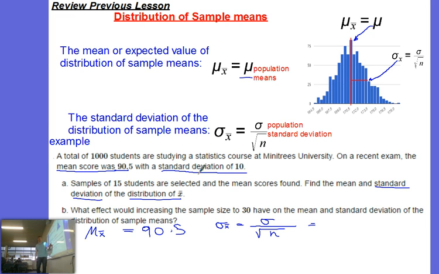So that's a 10 divided by, now the n is the sample size. So what sample size are we referring to? Yes, we've got to refer to the size of the sample taken. That's the sample size. So it's the square root of 15.